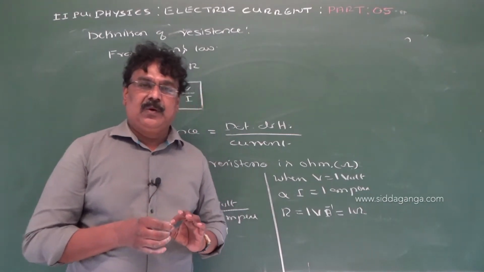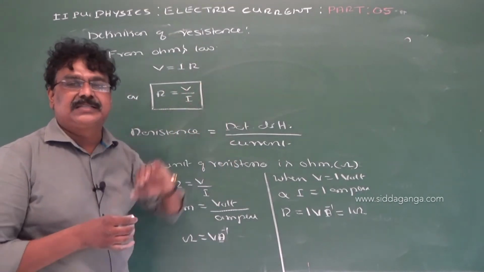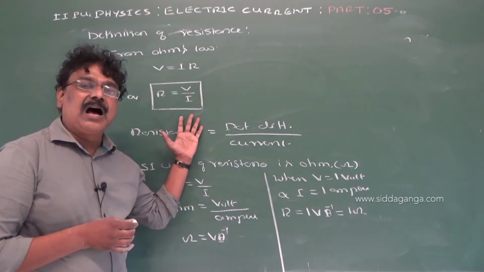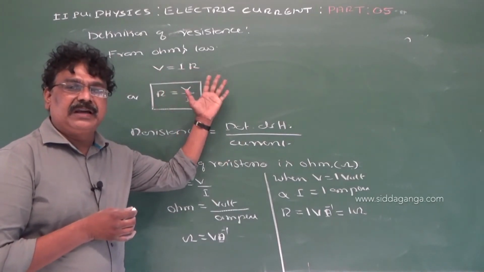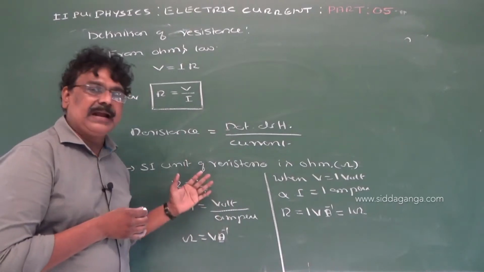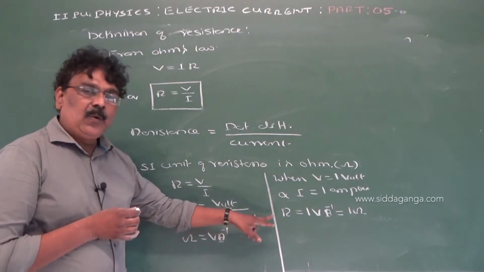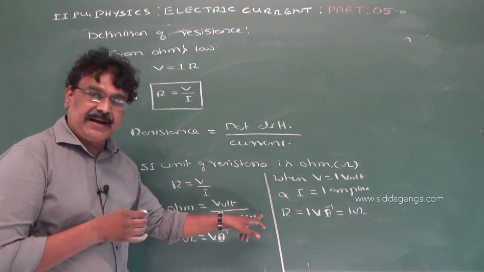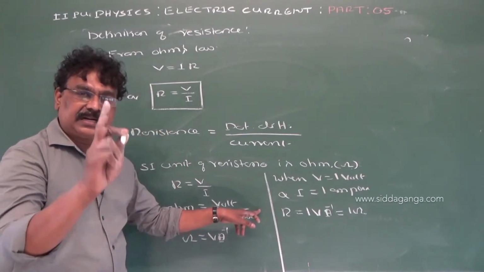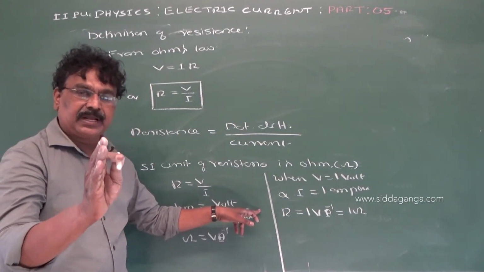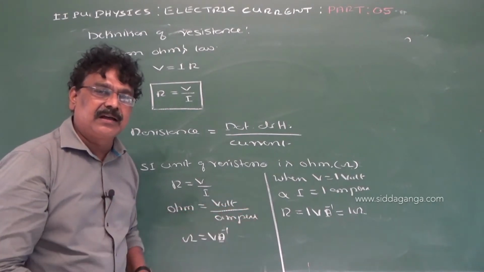So we have discussed the meaning of electrical resistance, the cause or origin of electrical resistance, the quantitative definition of resistance, and the SI unit of resistance, that is ohm.